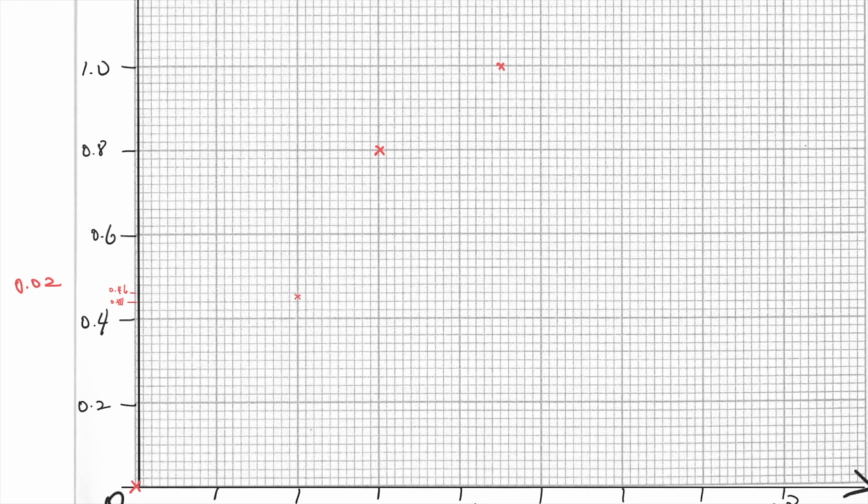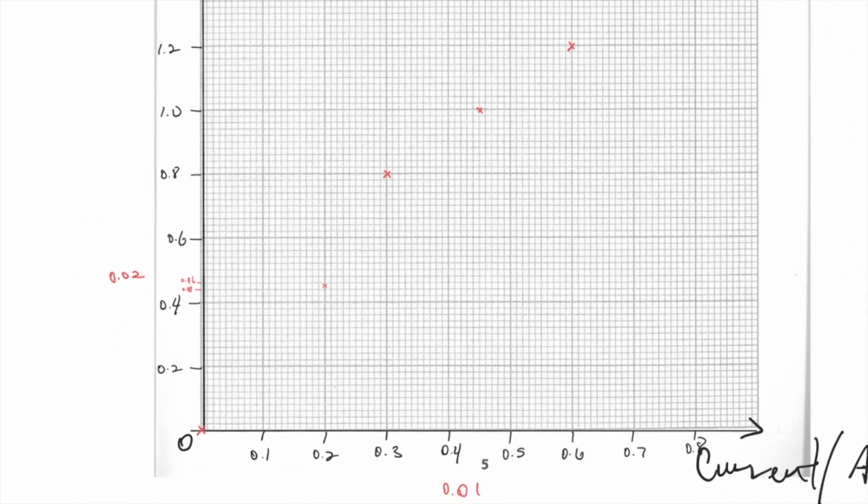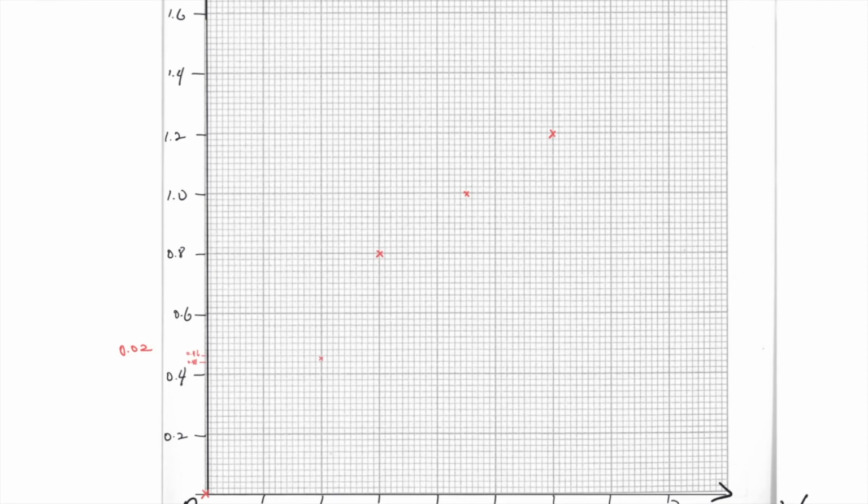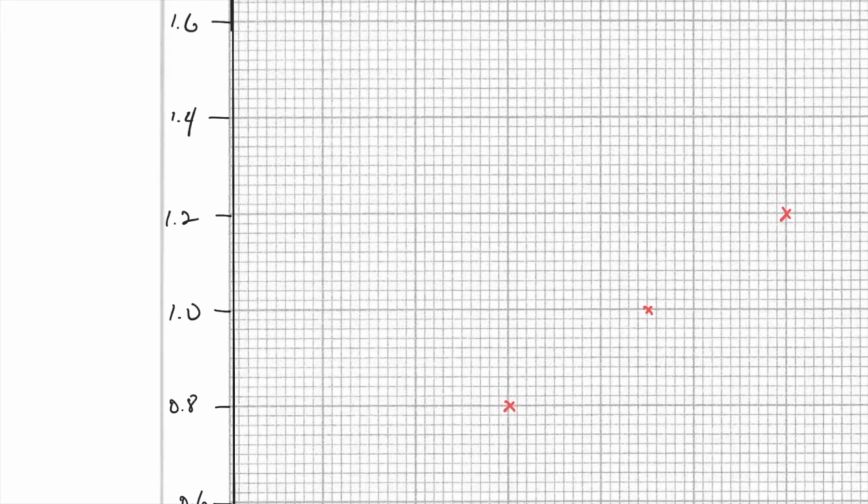Now our next point is 0.7 and 1.5. Now we know that we don't have a 1.5, so we have to approximate. And we said before that each of these tiny boxes is 0.02. So we'll have 1.42, 1.44, and 1.46. Why am I saying 1.44 and 1.46? It's 1.5 we need. So let me just erase this here.